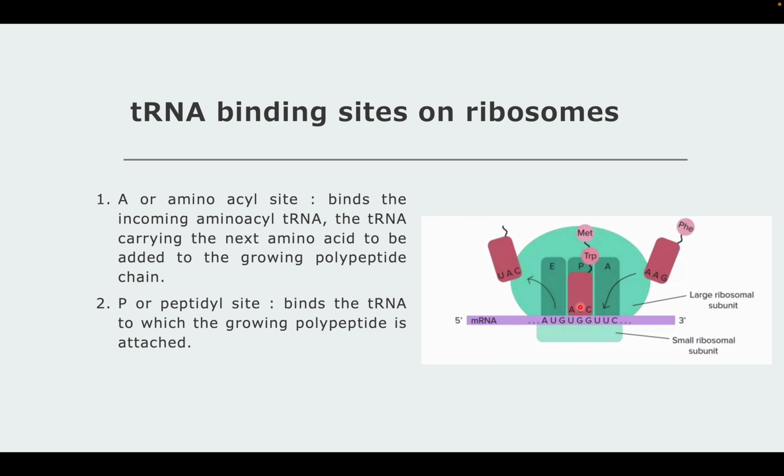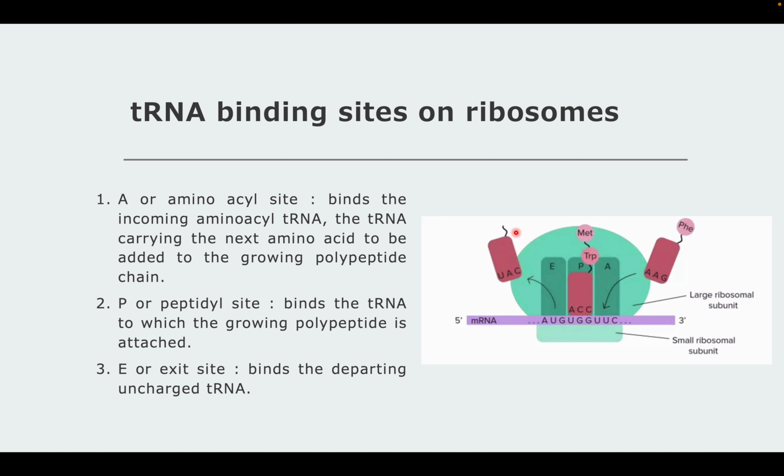Then there is the P site, or the peptide site, which binds to the tRNA and the growing polypeptide chain. Suppose we are starting from here; the P site is the one which binds to the tRNA which contains the polypeptide chain. And then E is the exit site, where the amino acid gets transferred, and what is left is the tRNA without the amino acid, which is called the uncharged tRNA.